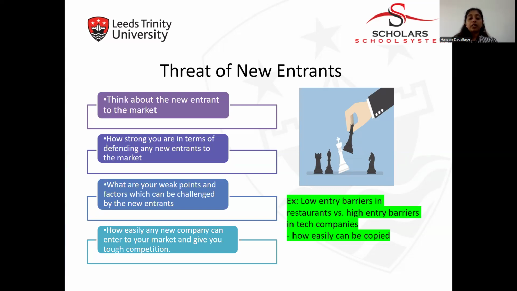Depending on the industry you are operating in, it can be easy for newcomers to enter the market or sometimes it can be hard for the newcomers. There can be several factors for new entrants to enter the market.